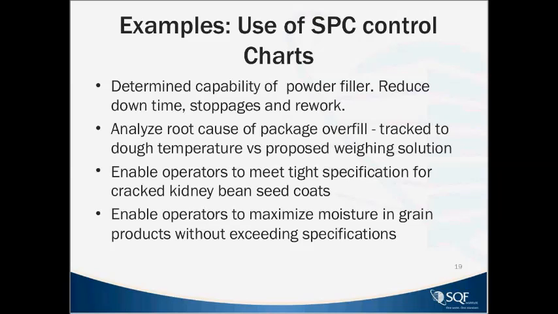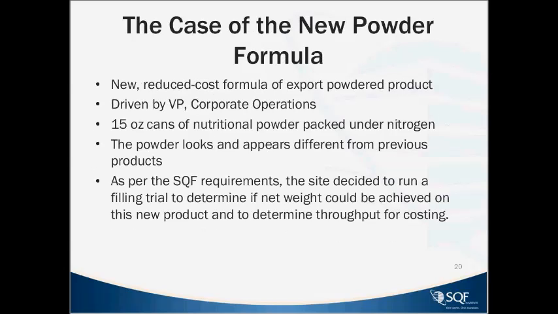A couple other ones: moisture gaining grain products. So all the way through the whole supply chain, we can apply different methodologies and use of control charts to help us measure and monitor what's going on as we make our product. So let's consider this case of a new formula.